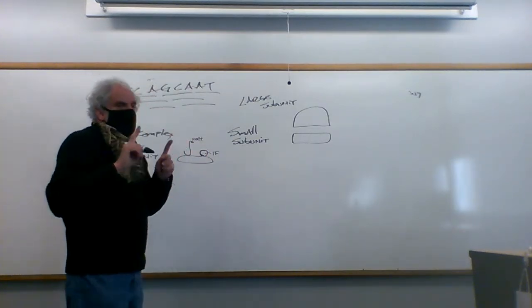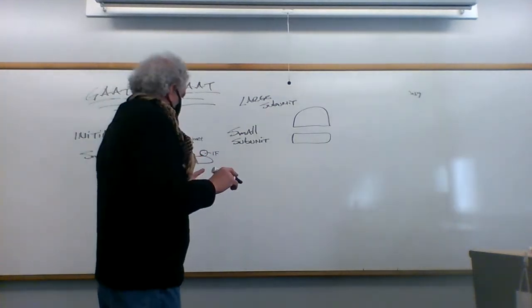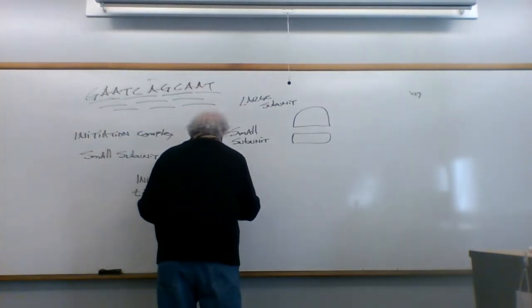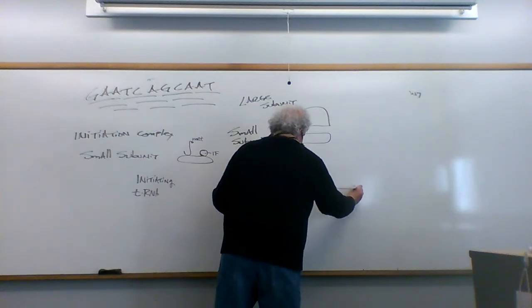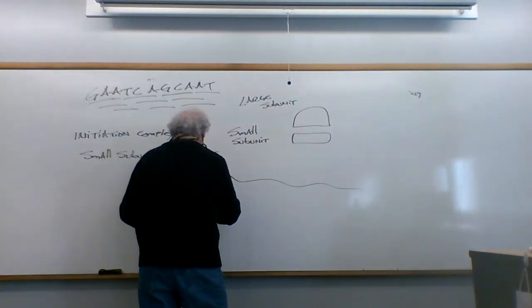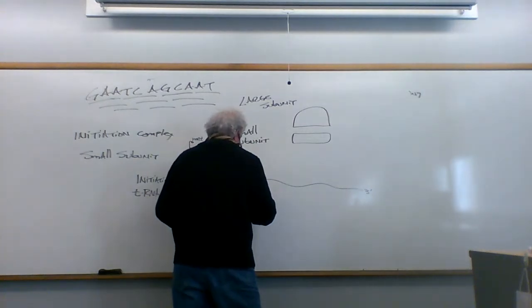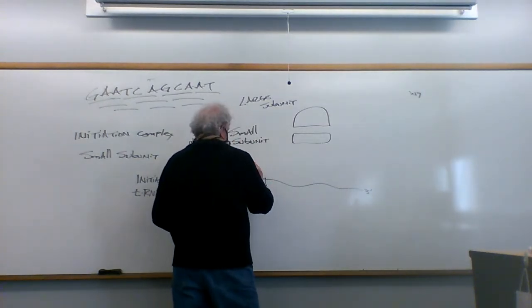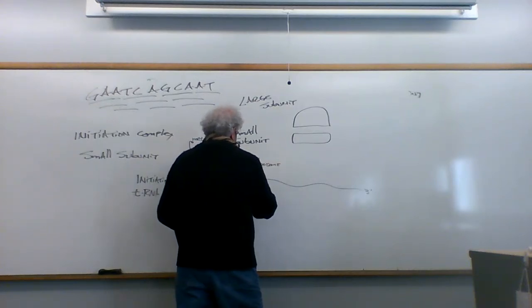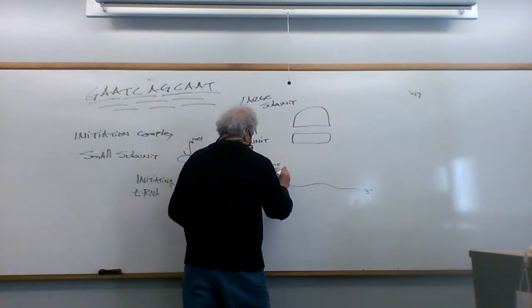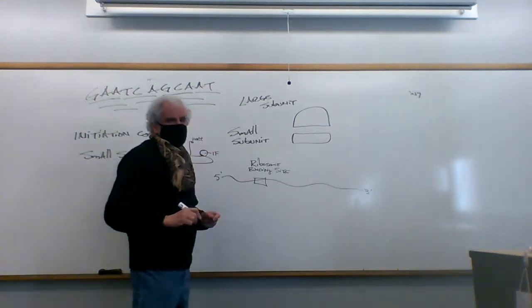But in the prokaryotic model, we've got a sequence in the RNA. So here's our RNA sequence that is known as the ribosome binding site, or the ribosome binding sequence.